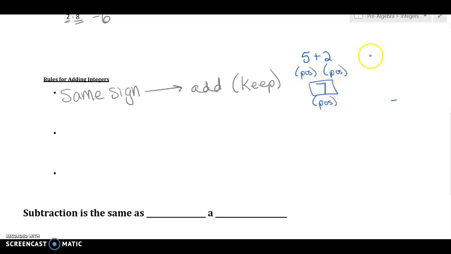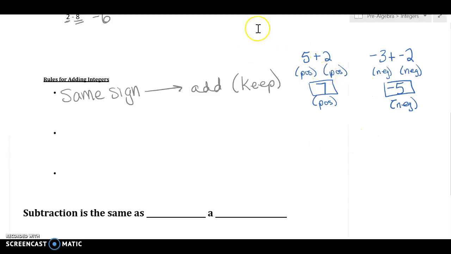Okay, -3 plus -2. This is a negative. This is a negative. So I add them and I get -5, and it stays negative because both of those are negative. One more example.